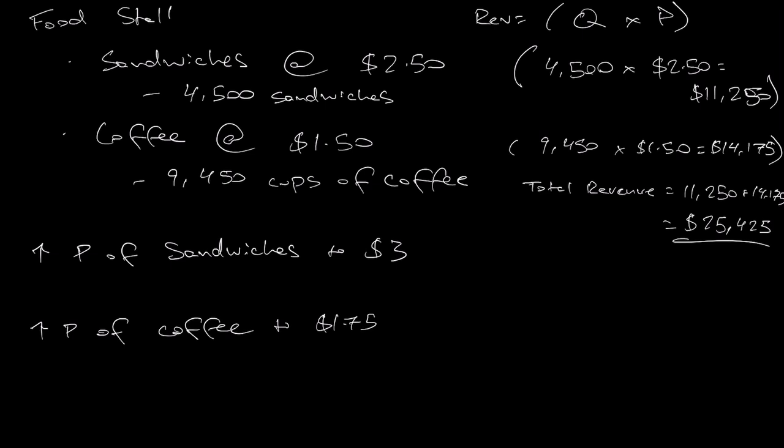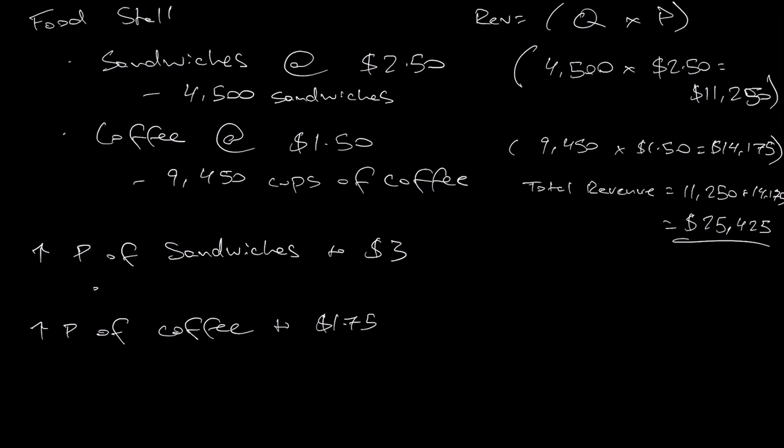Now, what I'd be interested to know is how this would impact the quantity sold of these products, and how it would impact the overall revenue as well. Now, let's say that for sandwiches, there's been this price increase of 50 cents, and we're going to say that that's meant a 10% fall in the quantity of sandwiches.